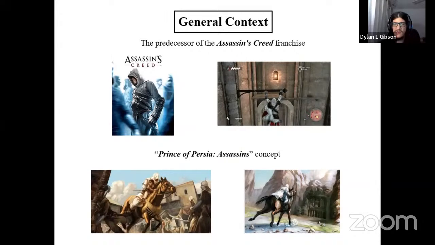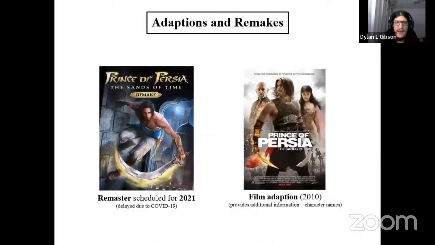I'm not entirely sure why, but I think they're bringing it back. As you can also see, they already tried reviving it with a film adaptation in 2010, and there's also a remaster rescheduled for 2021. There were also other Prince of Persia games that came out a little bit later, but they kind of missed the mark of the original trilogy.